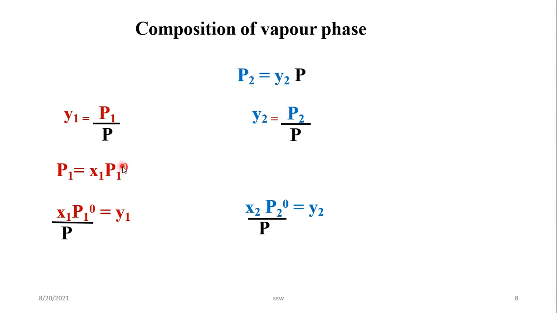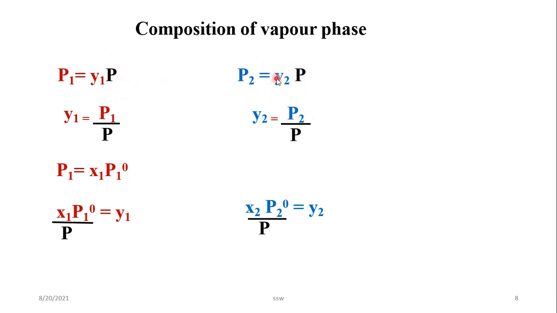That means, see here, P1 is equal to Y1 into P according to Dalton's law. Like that, P2 is equal to Y2 into P. The partial vapor pressure of component A1 is equal to Y1, the mole fraction of component A1 in vapor phase, liquid phase मध्ये नाही, in vapor phase, into the total vapor pressure of the solution.